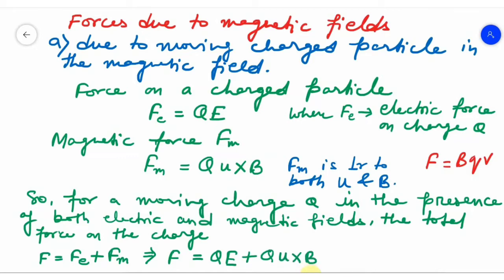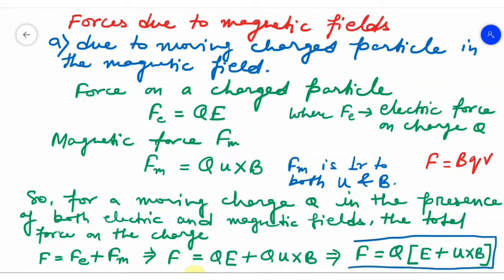Now this Q can be taken common. So F equals Q, and inside it is E plus u cross B. This is called the Lorentz force equation.